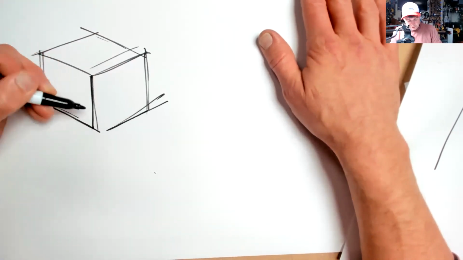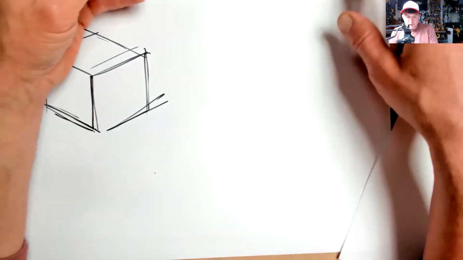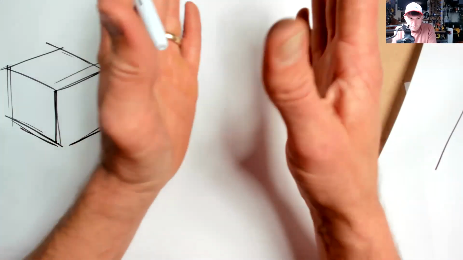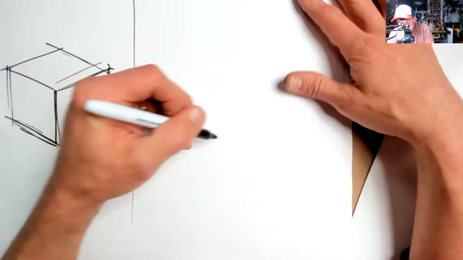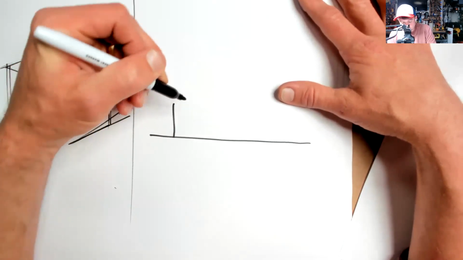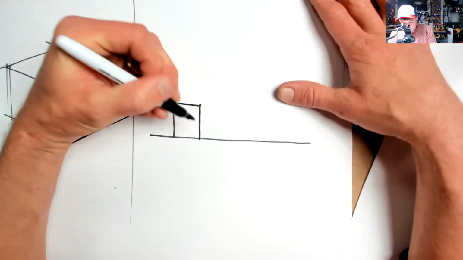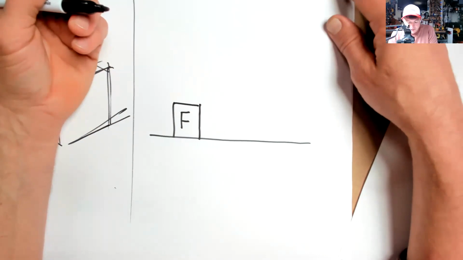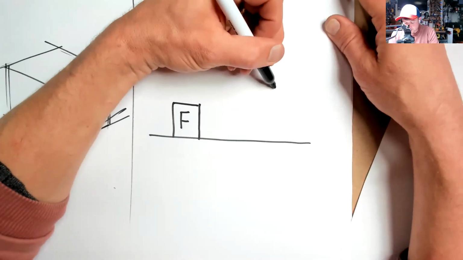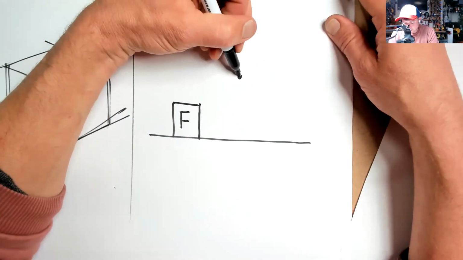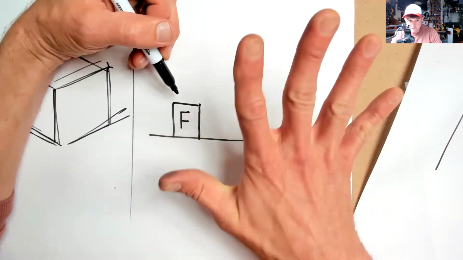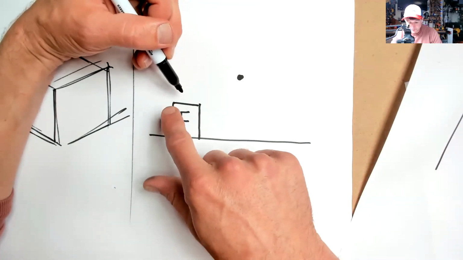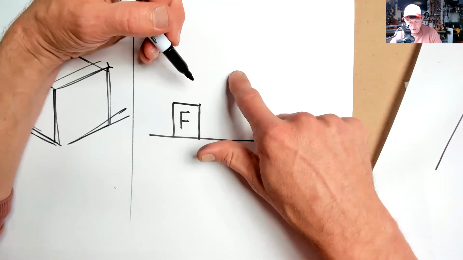I wanted to differentiate between what we're doing now and these other perspectives you might have learned about in art class, so that we don't start doing those. There's something called 1-point perspective. We're not doing that in this class, but just so you know what it is, you would start off your 3D picture kind of like the old oblique view, where the face is the closest thing to you. Then you put a point somewhere out in space. It could be anywhere. Everything disappears, not on a 45-degree angle, but on whatever angle it takes to get to that point.